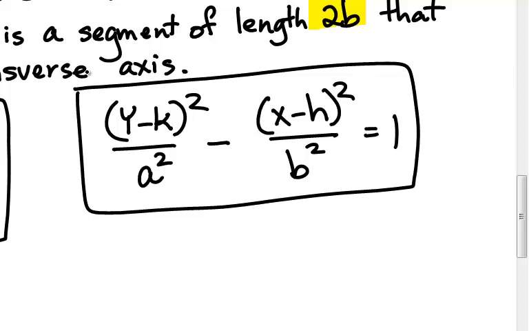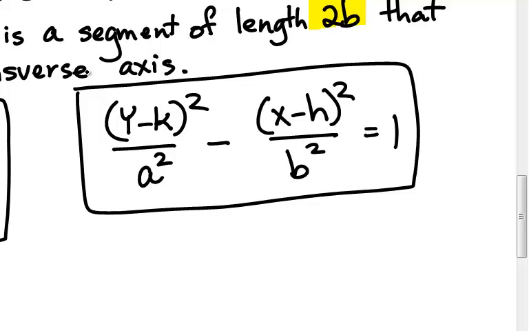On the 4 formulas that I've given you, where's the a squared? It's always first on a hyperbola. Is it always the bigger number? Not necessarily.